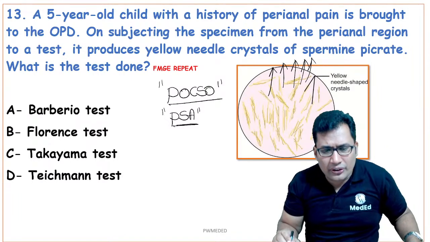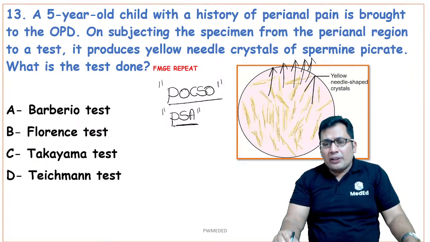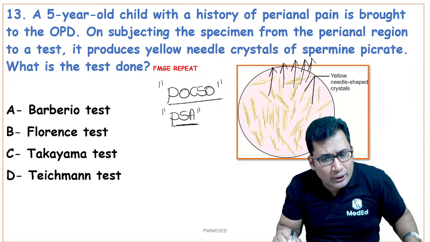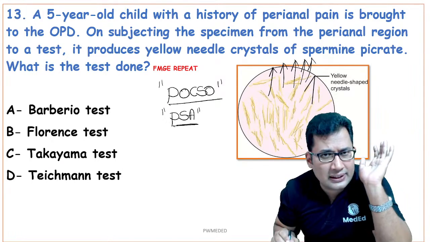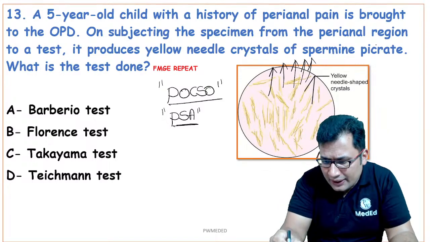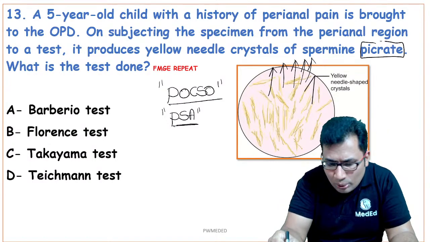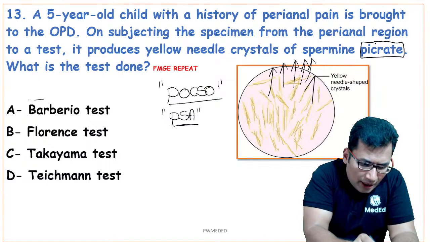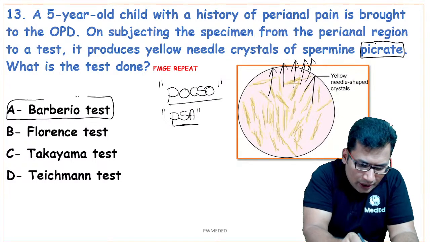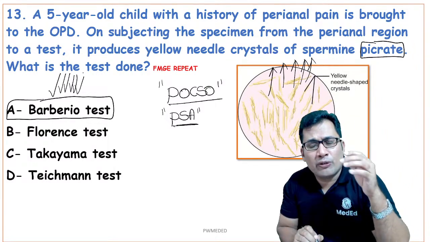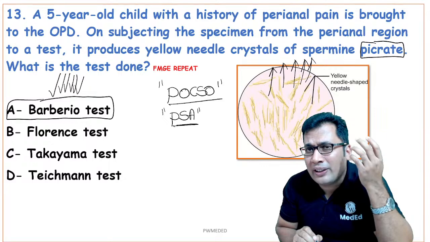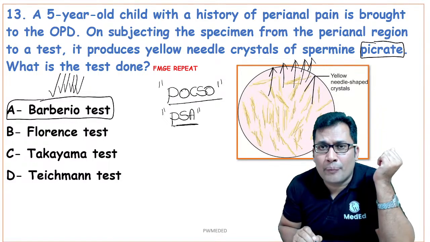So dear students, whenever a question is given with yellow needle shaped crystals of spermine picrate, where the word picric acid is there, picric acid is a reagent used in the Barberio test. The answer should be Barberio test. Barberio test and Florence test are both tests for seminal stain.